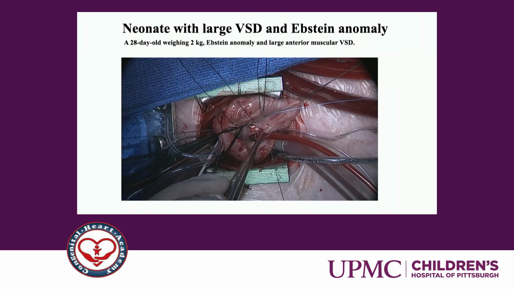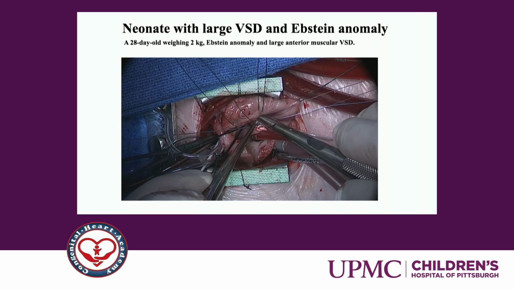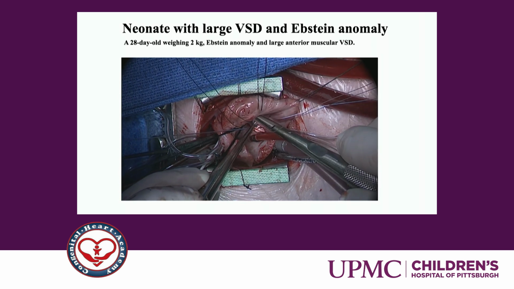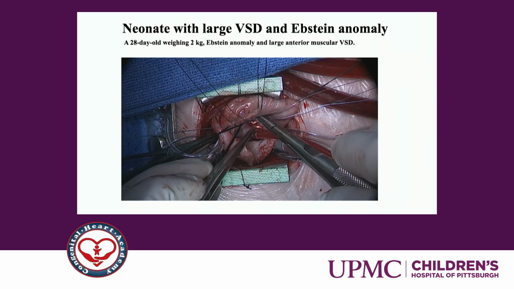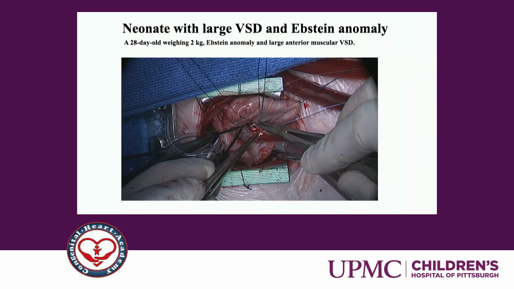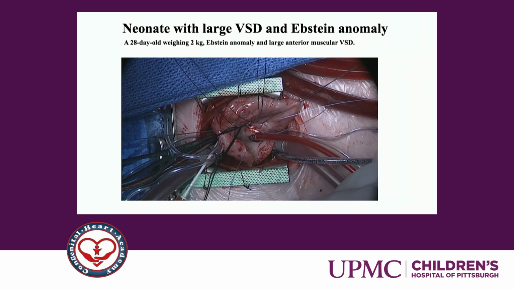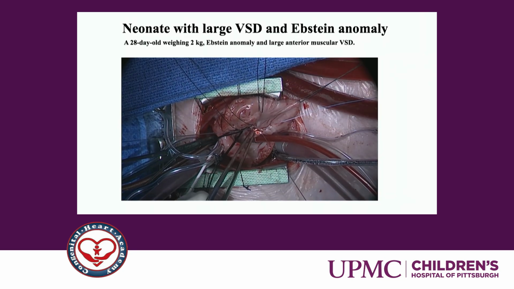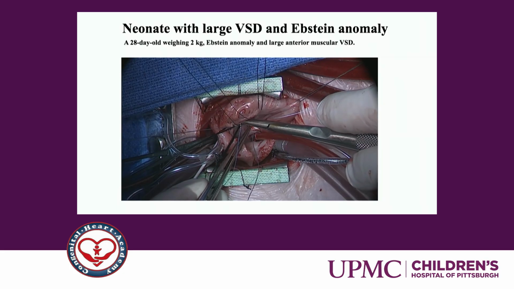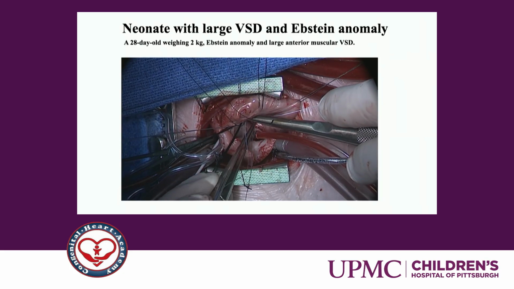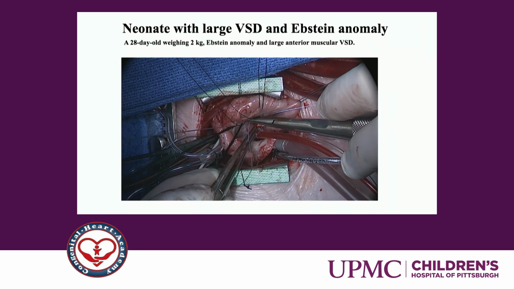And this is yet uncharted territory. It is not known what to do with these patients, neonates in such poor condition with a large ventricular septal defect, whether Starnes operation and closure of the VSD would be best, or Starnes operation without closure of the VSD and pulmonary artery banding could be performed.